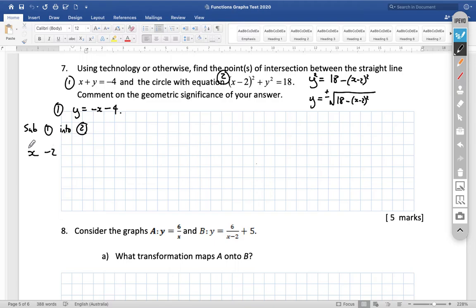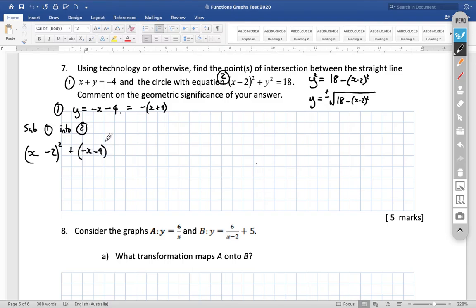Equation 2 starts off with x minus 2 all squared, but then we've got our plus y squared. Plus y squared, I mean, we could write it x plus 4. Maybe put it in like that, or we could just leave it in this form. We've got a plus minus x minus 4.